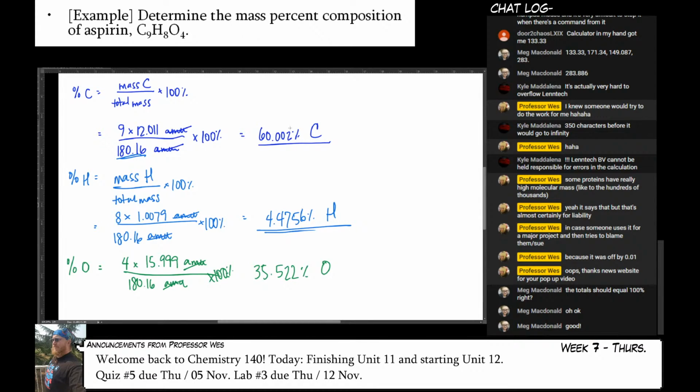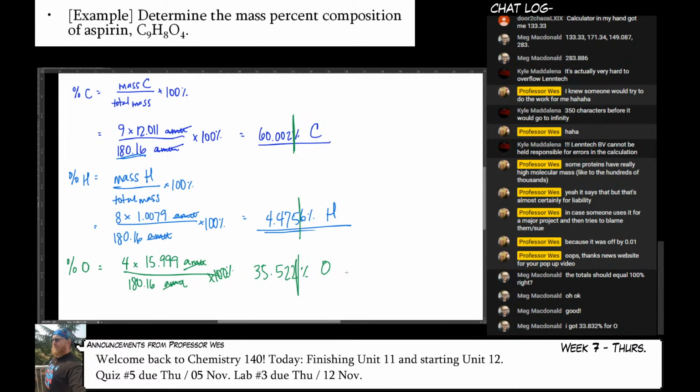Now, when I add all these together, I'm going to go to the thousands place. So my answer will be in the thousands place. 60.002, 4.4756, 35.522. And I got 99.9996.